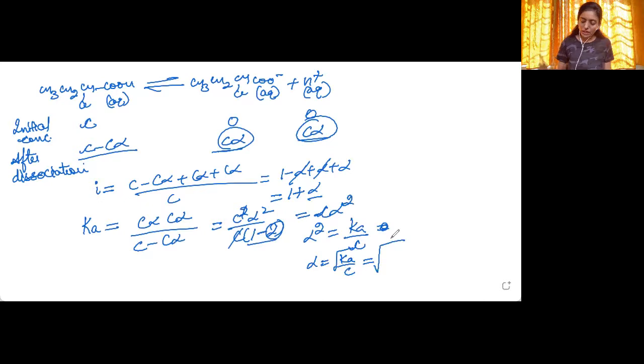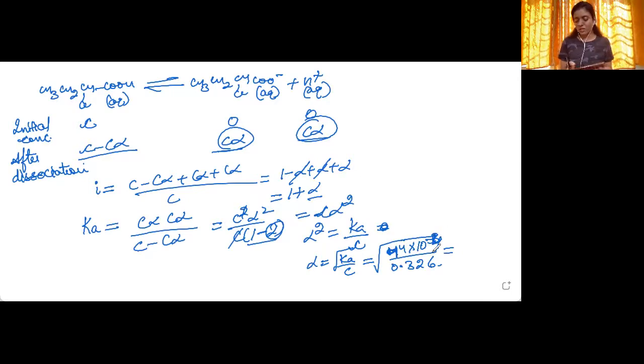So the value for Ka has been given. It was 1.4 into 10 raised to the power minus 3, upon the concentration we have found out, 0.326 molar. Okay, so now just calculate this. I'm just making it 14 into 10 raised to the power minus 4, so that the root of 10 raised to the power minus 4 will be 10 raised to the power minus 2.